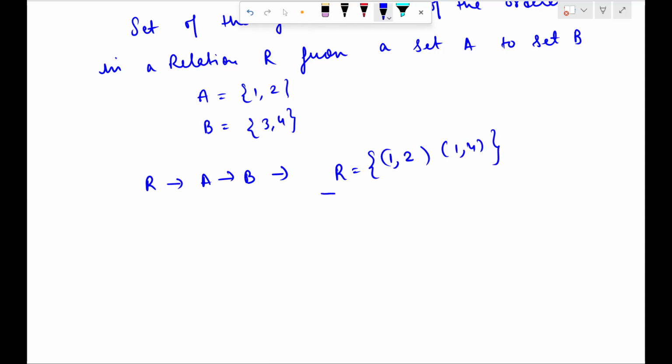So here in this relation the domain is 1.